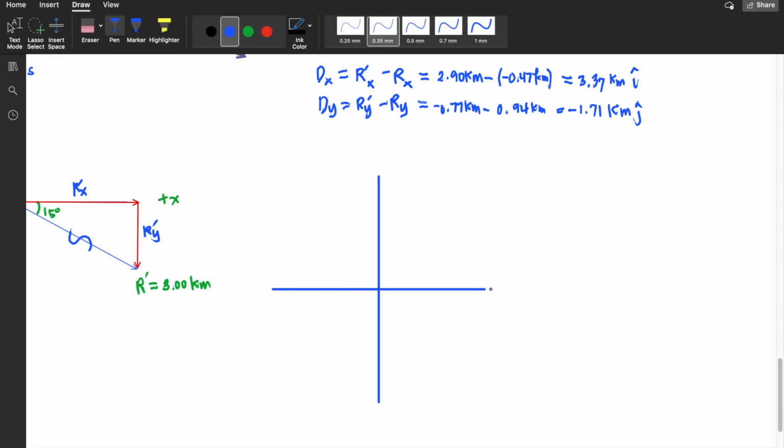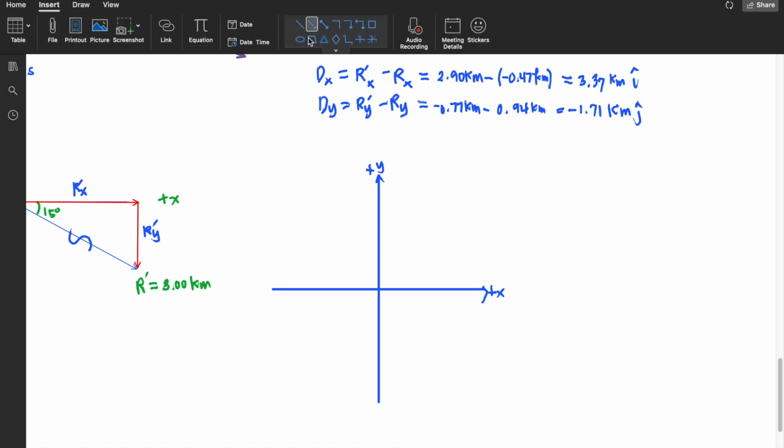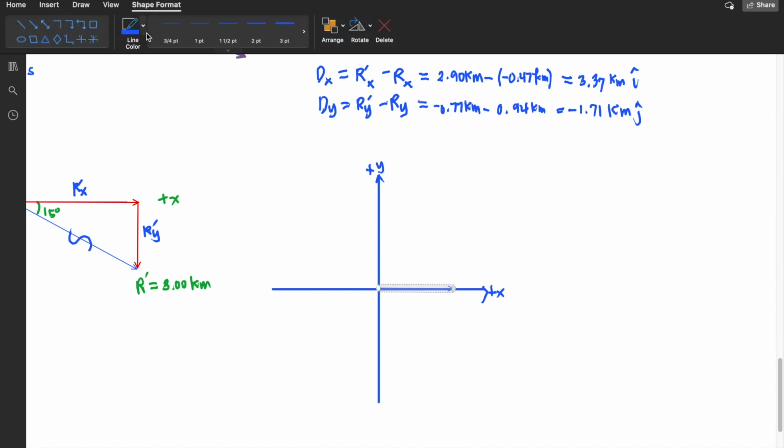This is positive x, this one is positive y. Your dx is positive, so it's towards the positive x-axis. Next, your dy is negative, so is it upward or downward?